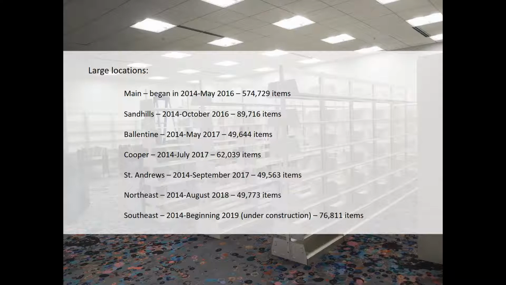And the branch staff was also responsible for figuring out how they were going to manage their space, what was coming off the shelves, where it was going to go when it went back on the shelves, and how they were going to accommodate those two parts of the collection while they were in transition.